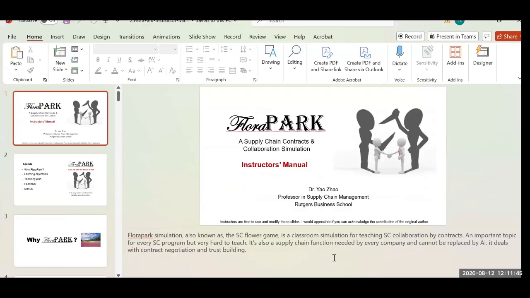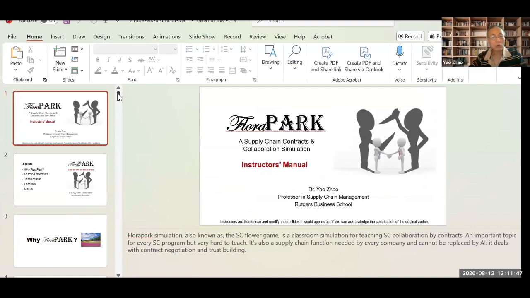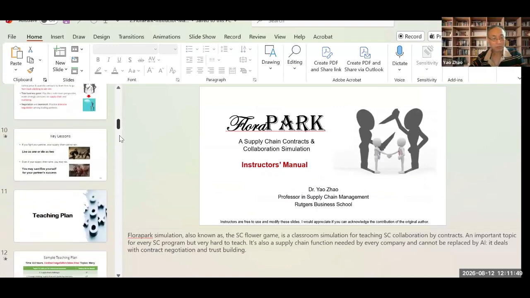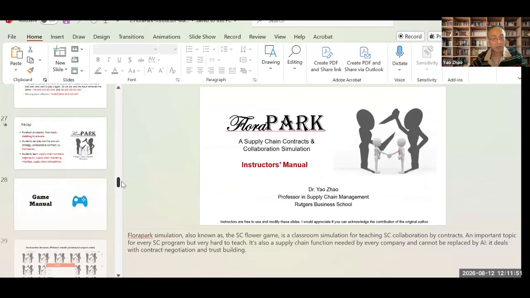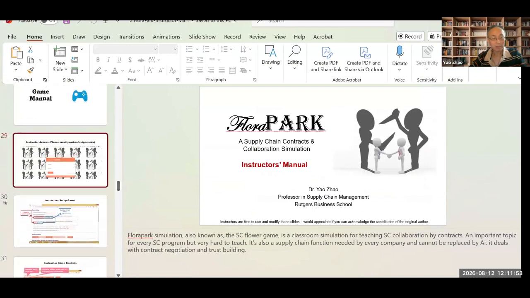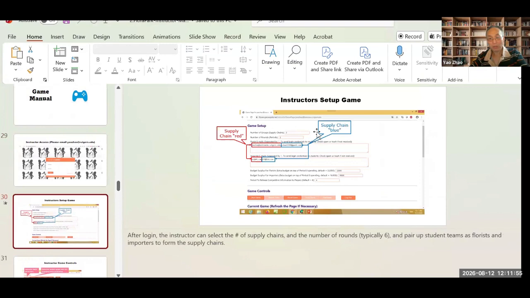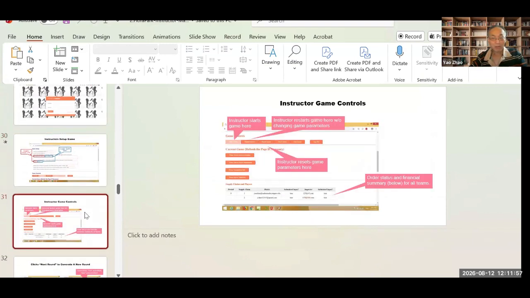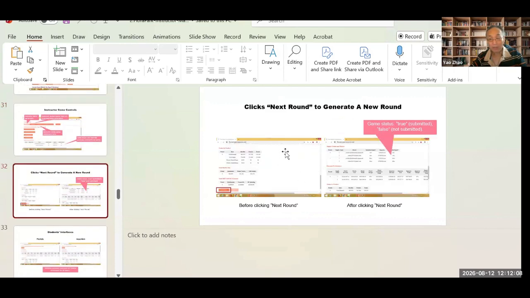Okay, here we go. It shows you all the things I just talked about. In addition to that, it tells you how to control the game. For example, how to set up the game, the function of each button, how to control and manage the game, and how to read the tables.